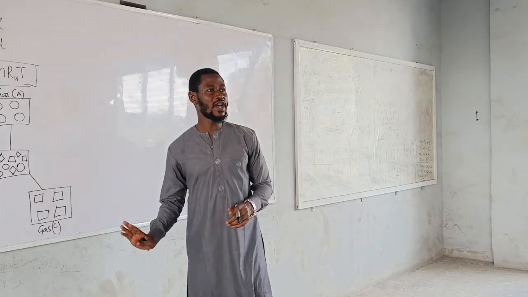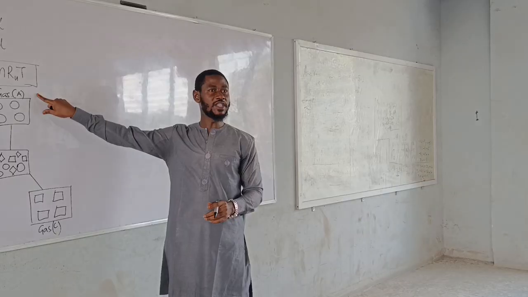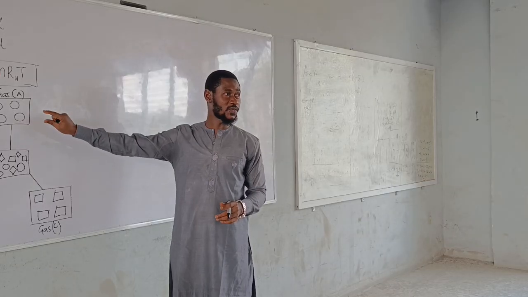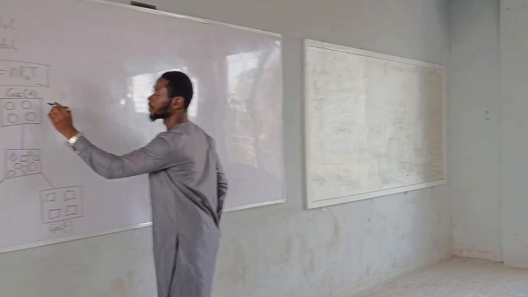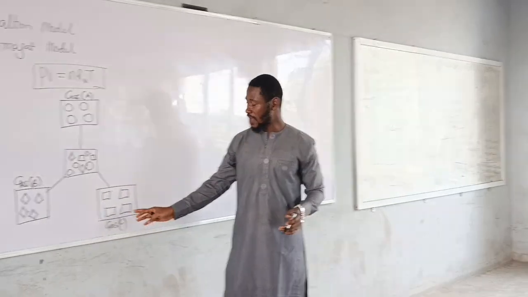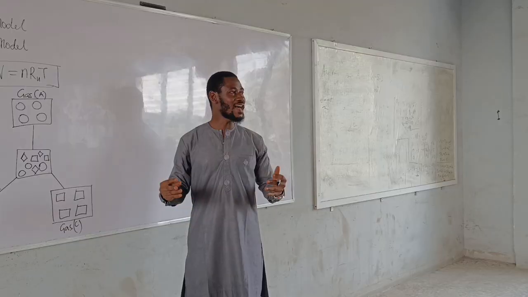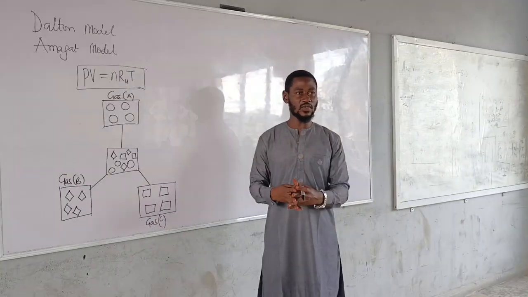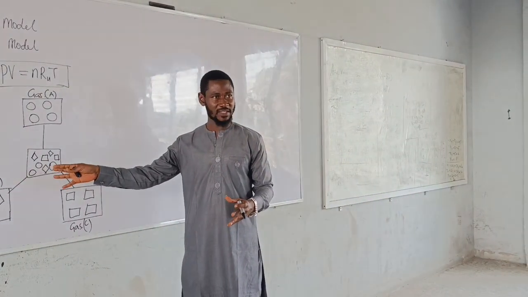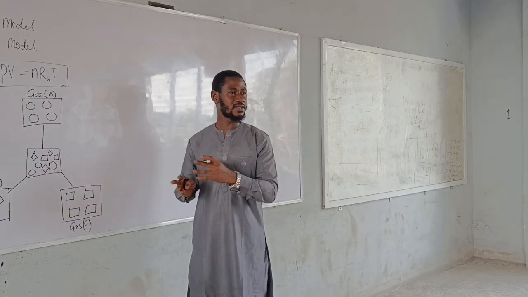Looking at the schematic that we have on the board, we have gas A, which is represented as a circle. Let's say, for example, this is nitrogen. We have gas B, which is represented as a diamond, and we have gas C, which is represented as a square. When you mix the three gases together, you have something that we have at the center, which is a combination of gas A, gas B, gas C.